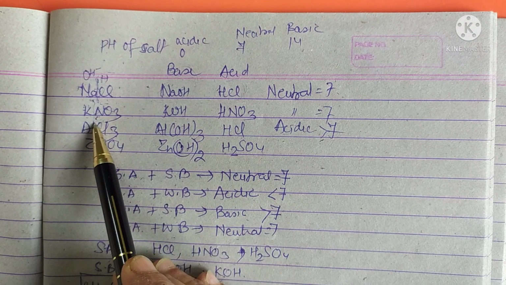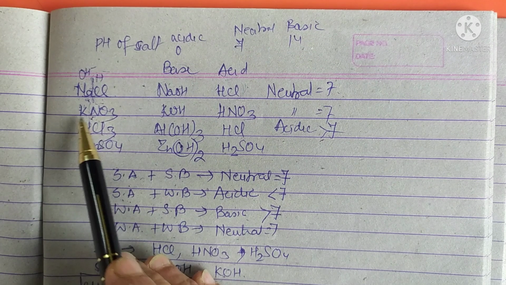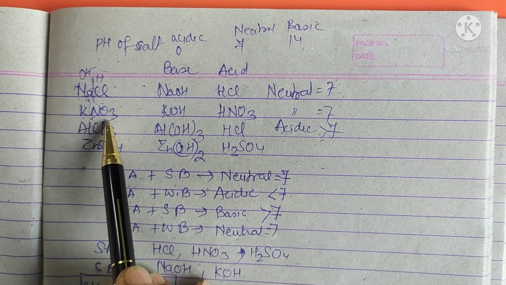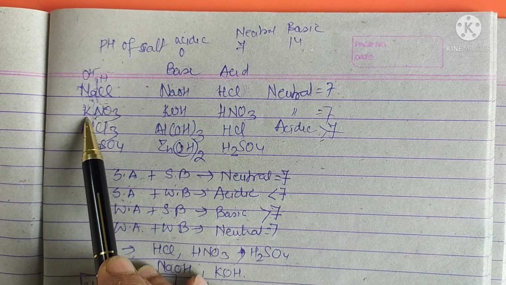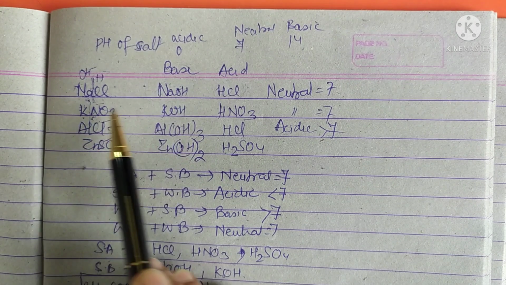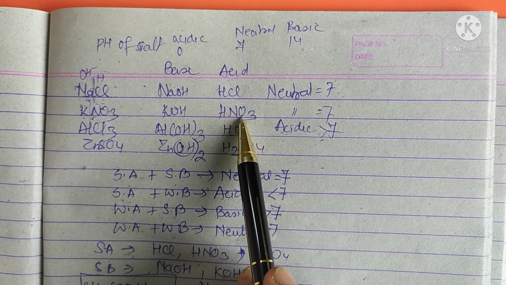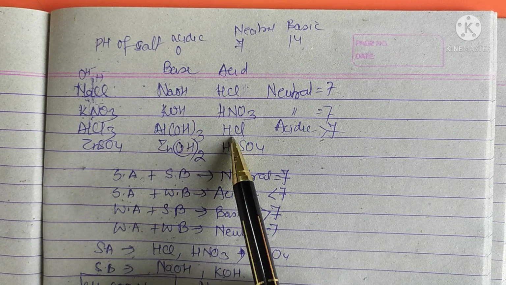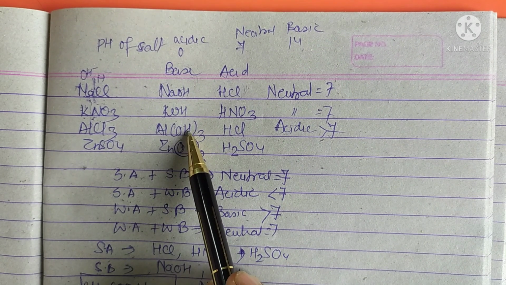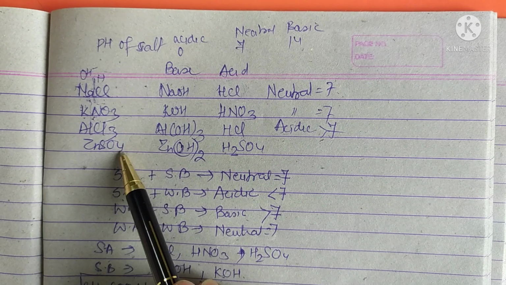Similarly, potassium nitrate: if we split this formula in two parts, this is the cationic part and this is the anionic part. Add OH with this, it will become KOH. Add H before this, it will become HNO3. Likewise, we have written the names of the bases and acids of these salts.